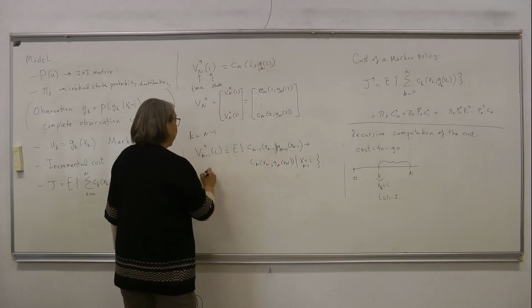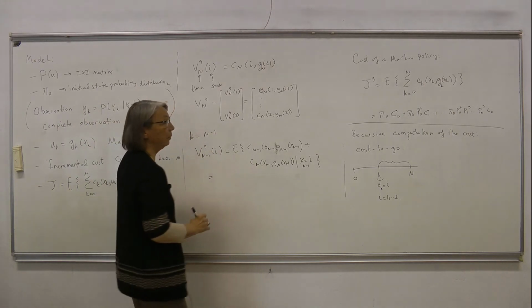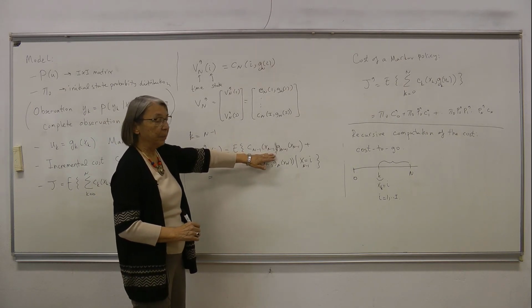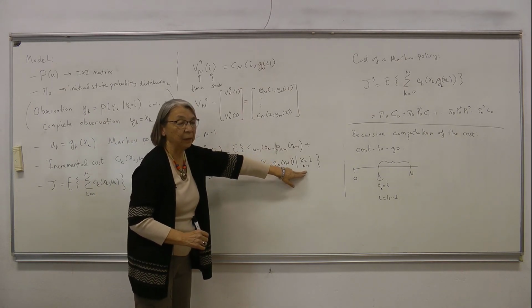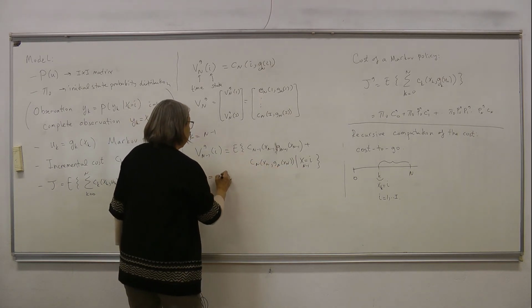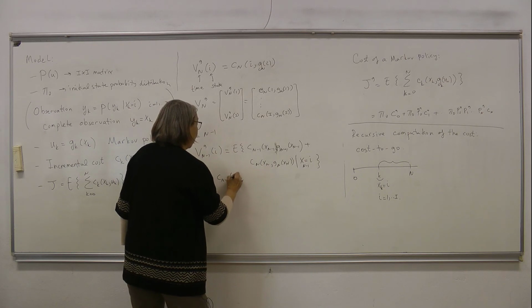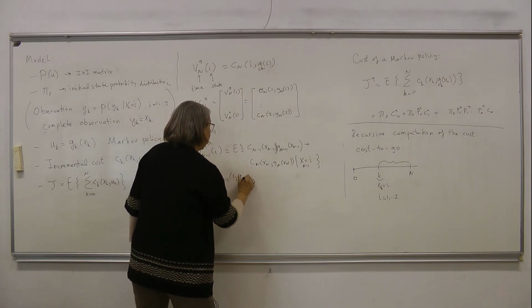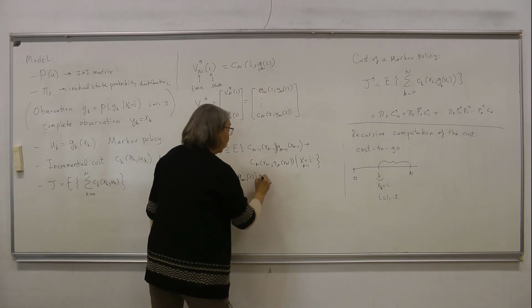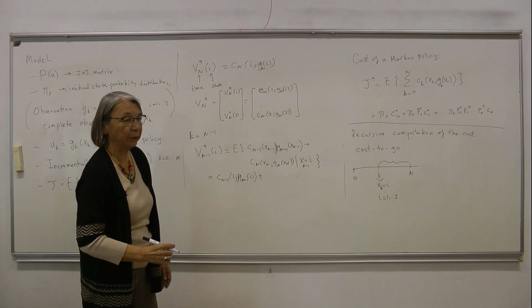And now that will be equal to, let us try to calculate this expected value. I think the first one is easy because the state value is already given. So it is a constant and it is exactly equal to C sub n minus 1 of I and g_{n-1} of I. That is the first term. But we have to work a little bit with the second term.